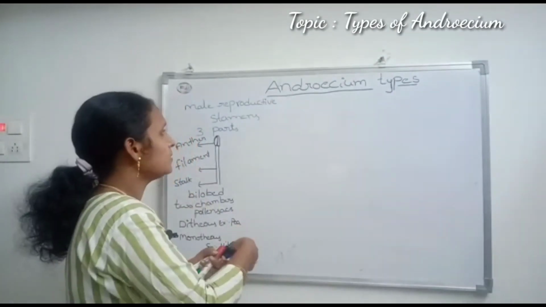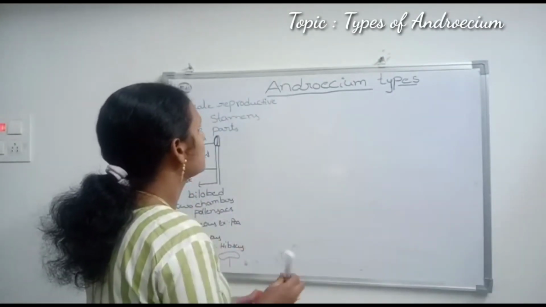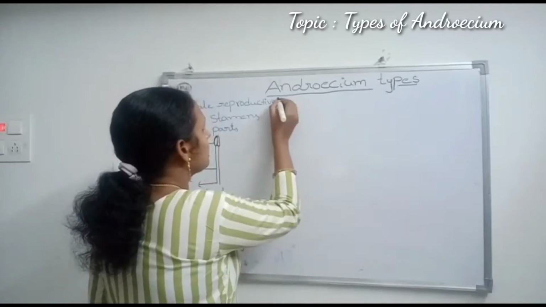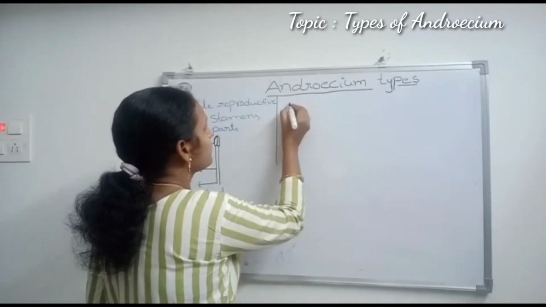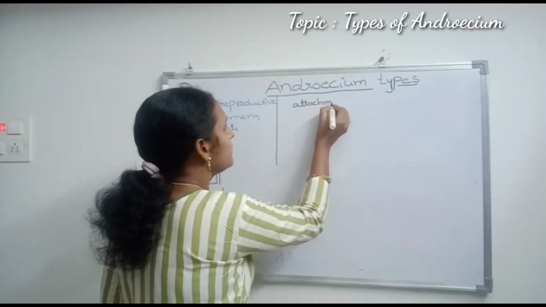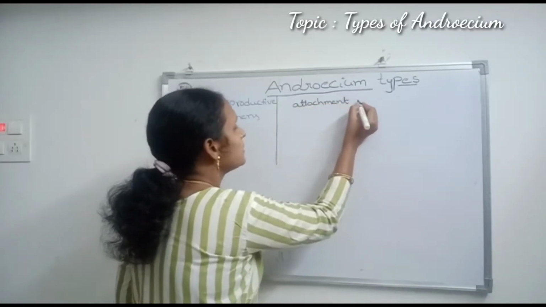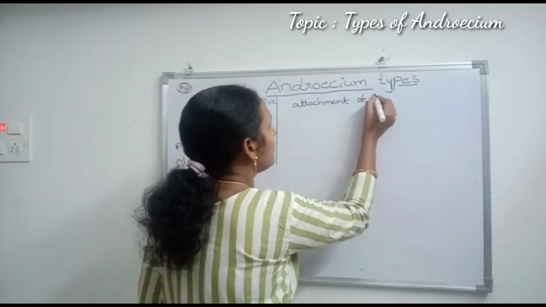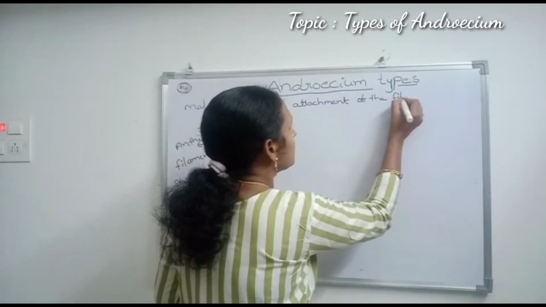Next, see the types of the Androecium. On the basis of attachment of filament to the anther, they are divided into some types.